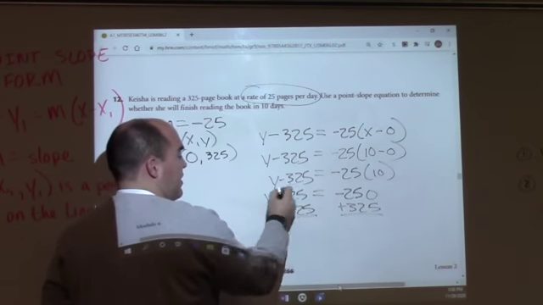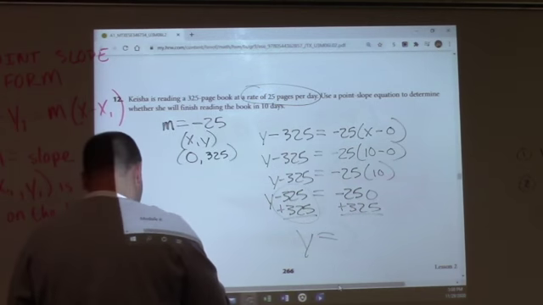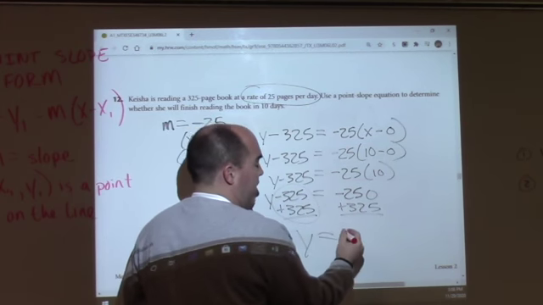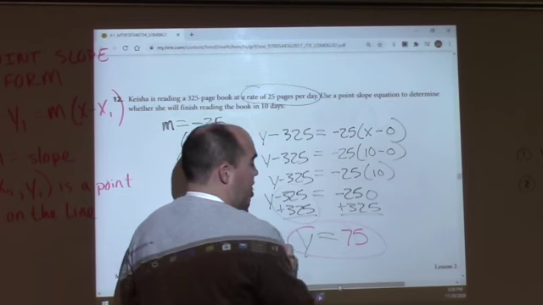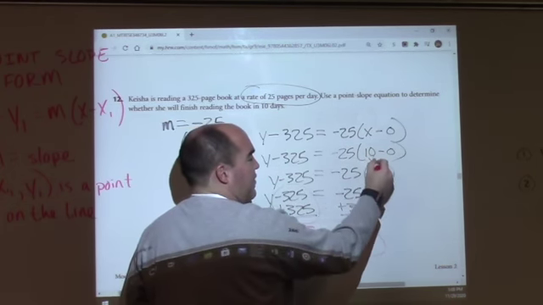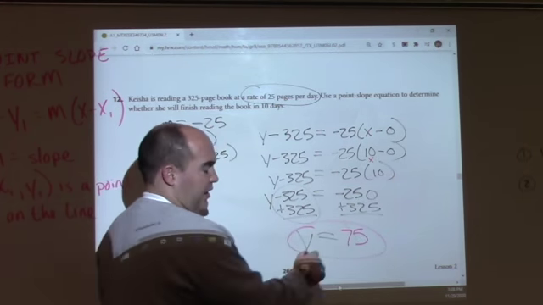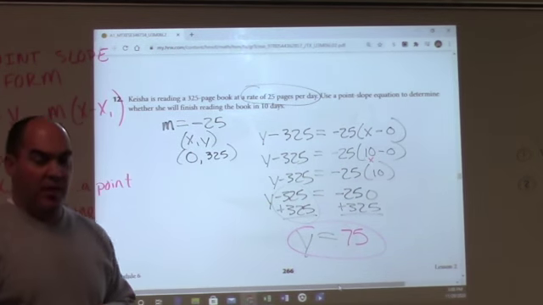Now this makes a 0, and y is going to equal negative 250 plus 325, which makes 75. So what does that mean? It means when the x value is 10, so after 10 days, she's going to have 75 pages left to read. So she's not going to finish the book.